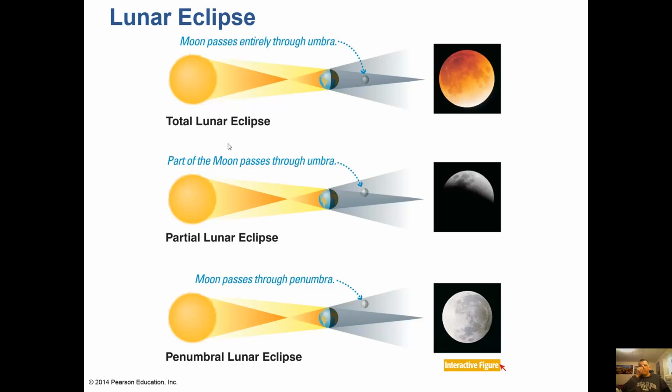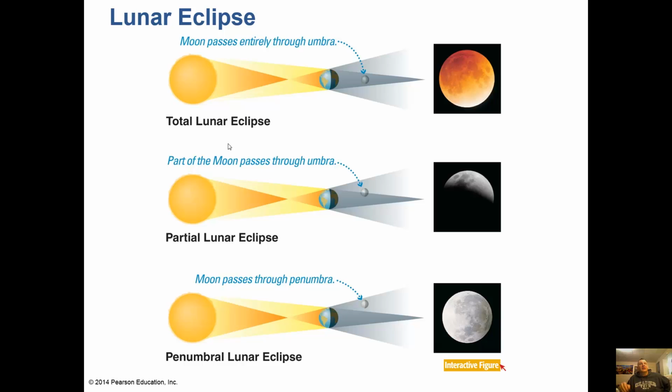So here are the possibilities for lunar eclipses. The moon goes through the shadow of the Earth, and it casts this red glow onto the moon. Why would the moon be red when the moon's going through a shadow? Shouldn't it be dark? It's kind of like watching a sunset, and the sun gets nice and red.